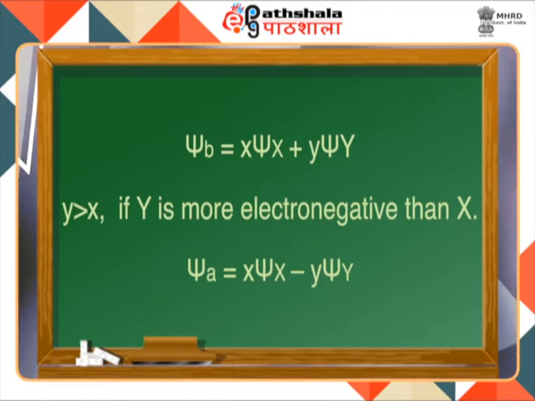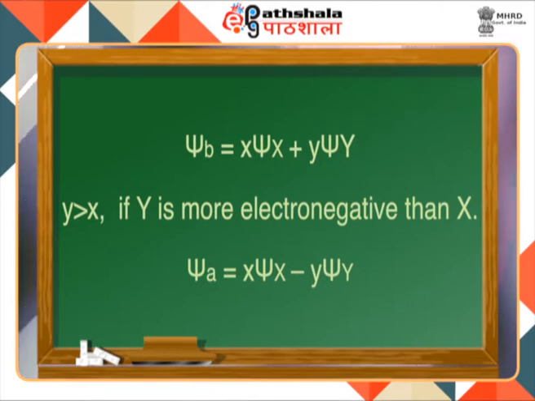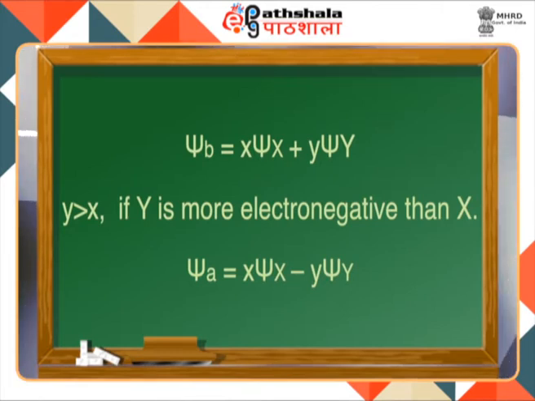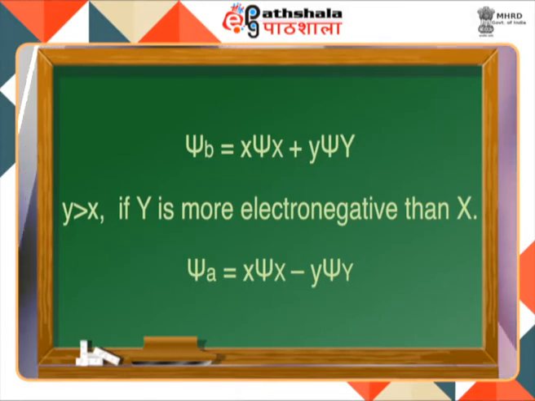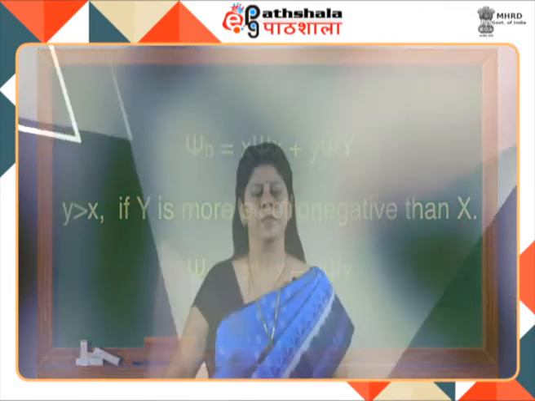Psi antibonding is equal to a, the coefficient of the x atomic orbital, times the wave function of the x atomic orbital, minus b, the coefficient of the y atomic orbital, times the wave function of the y atomic orbital.